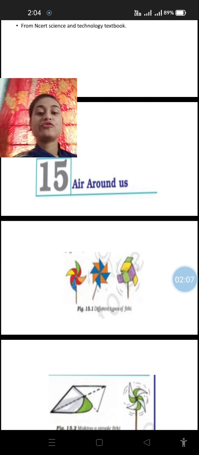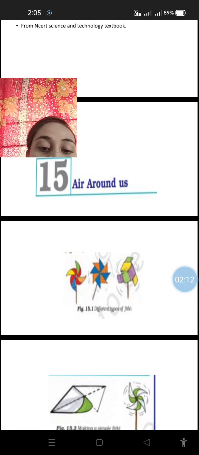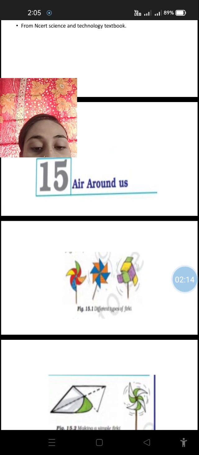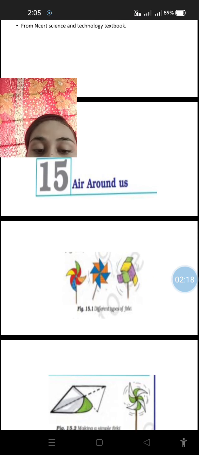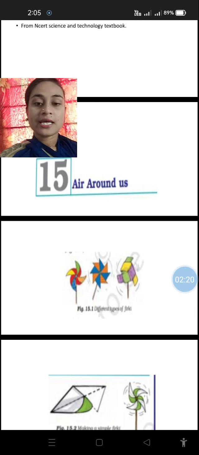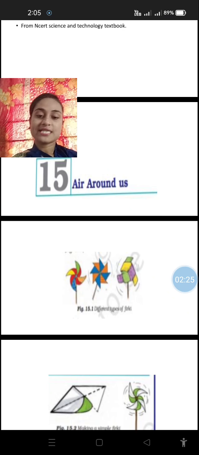In our next slide, as we can see, here are some fukuris. They are of different shapes and sizes. In the very first fukuri, we can see red, green as well as yellow color mixed, and its shape is different from the second one, and the third one's shape is different from the second one.